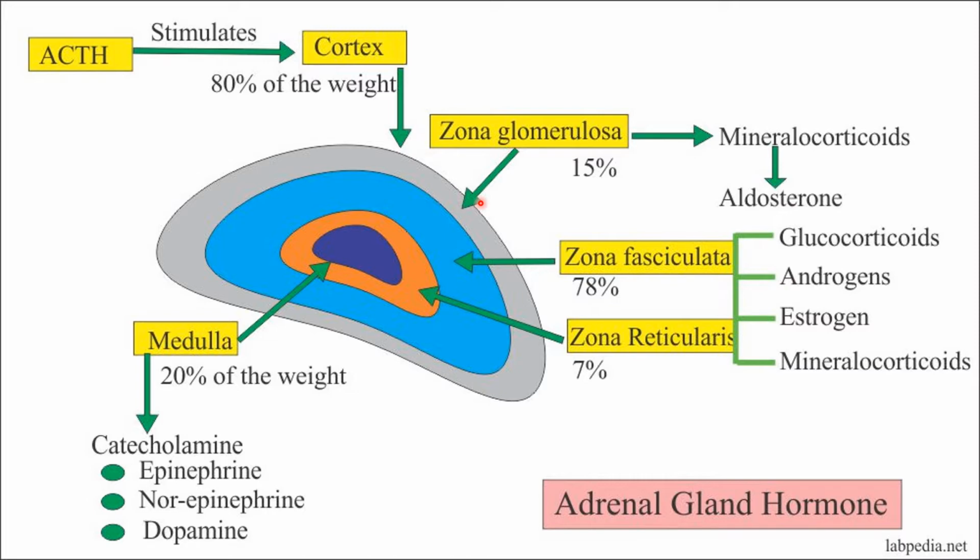Zona fasciculata, around 78% of the weight of the adrenal cortex, produces glucocorticoids. And then zona reticularis, 7% of the weight of the adrenal cortex, synthesizes adrenal sex steroids.